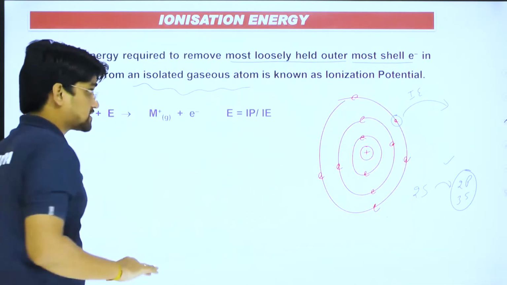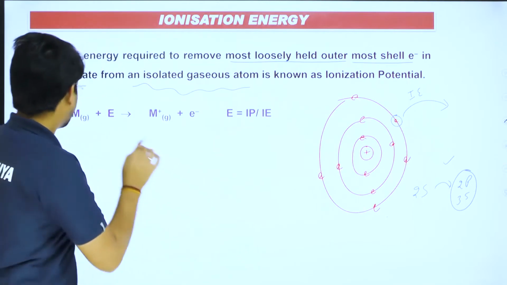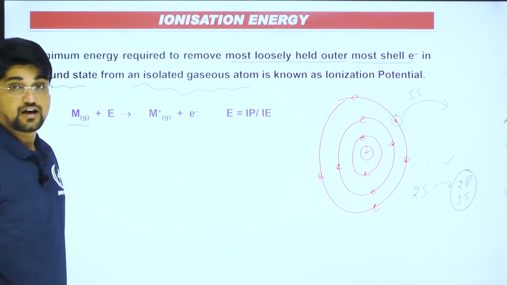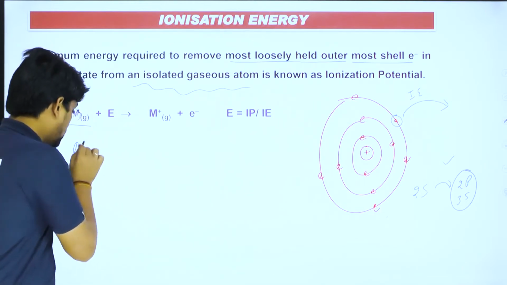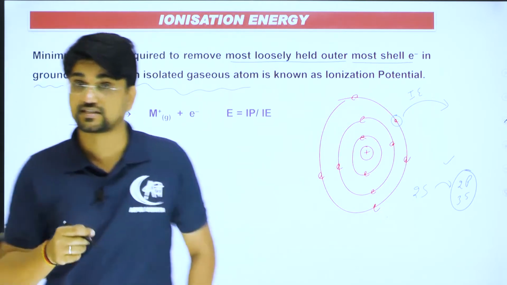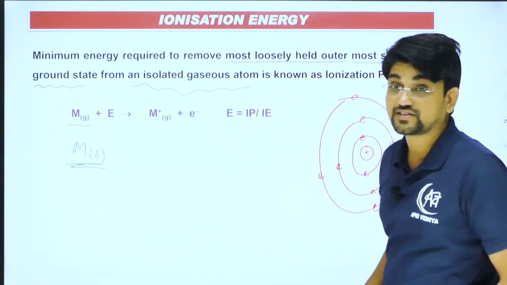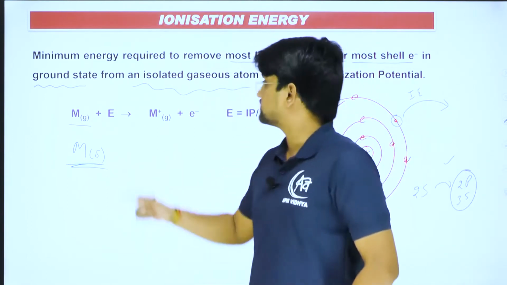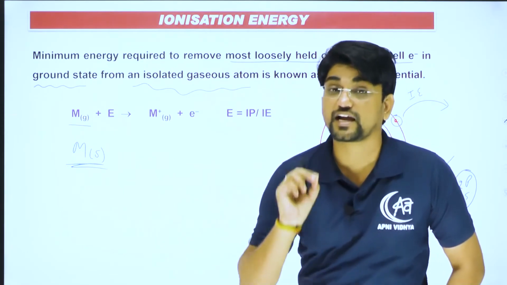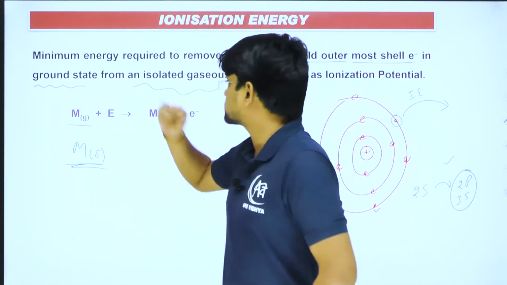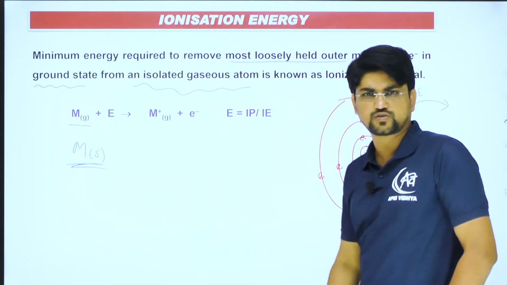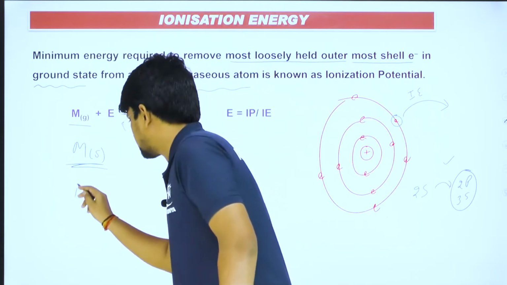Now I am explaining these points again. This is an atom. First point, it is a gaseous atom, not solid. If you remove an electron from the solid state, that will not be ionization energy. Next point, ground state, which should be clear initially. Next point, isolated. What is the meaning of isolated? Listen and watch carefully.